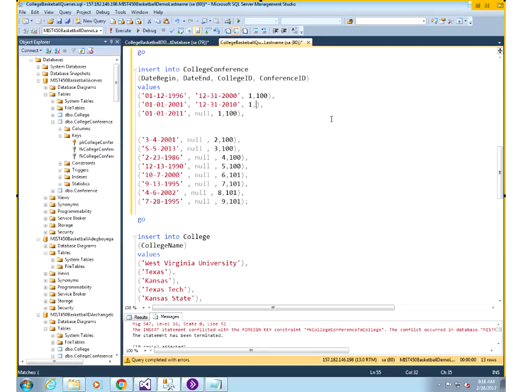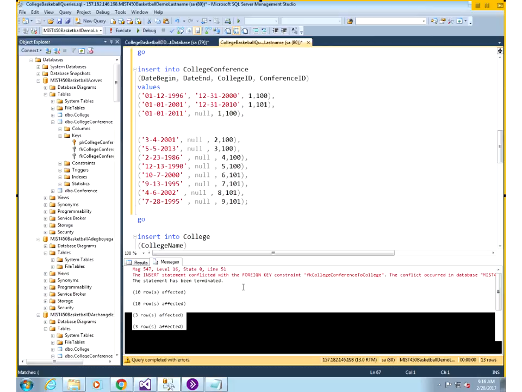Oh, it should be 101? Okay. Okay, I still get the error. Well, that is one part of it, but why am I getting this error? Somebody should be able to tell me. We just discussed the concept.